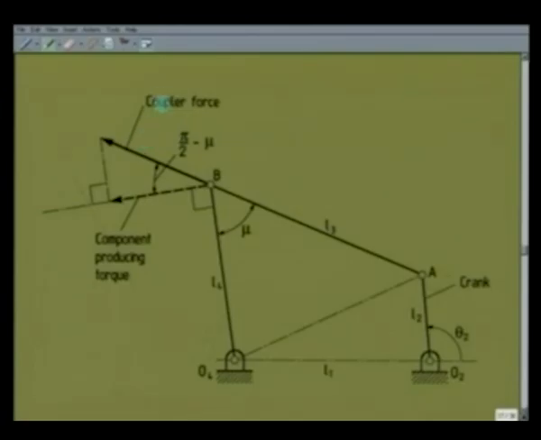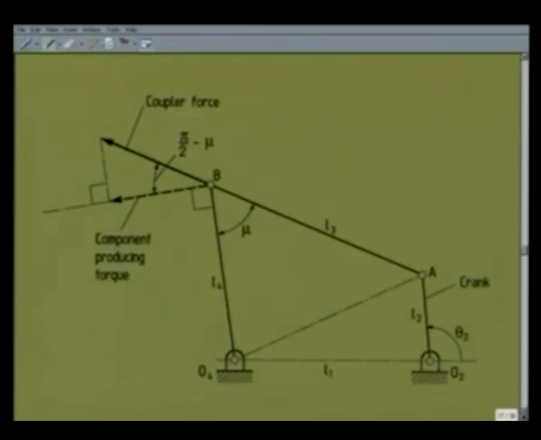So, this is the direction of the coupler force. However, it is only the component which is perpendicular to the follower that produces torque to drive the follower. So, we have to ensure that this angle is as small as possible.